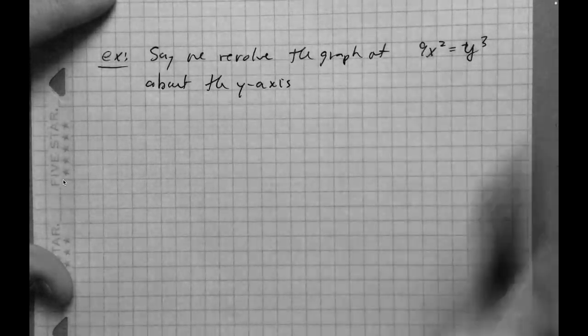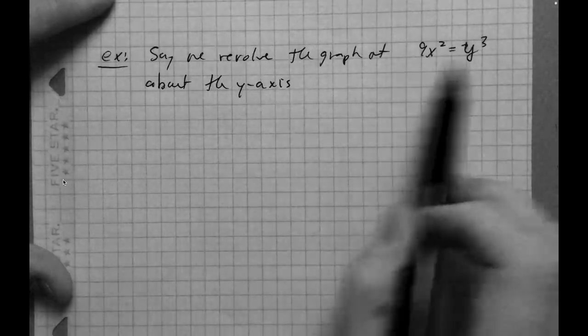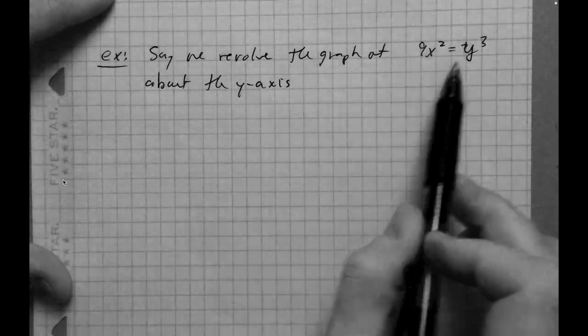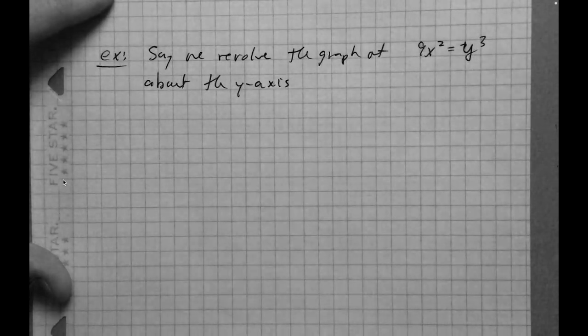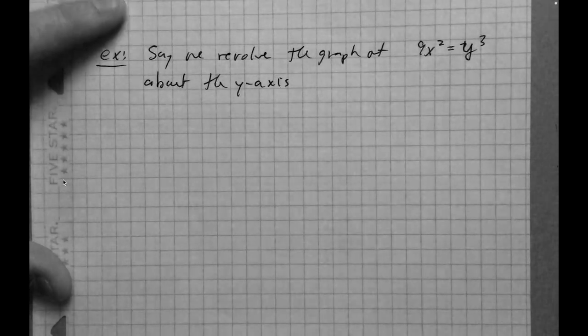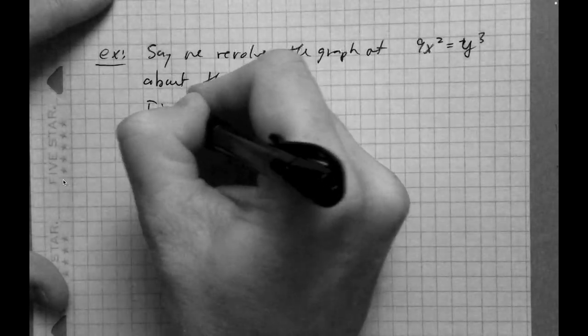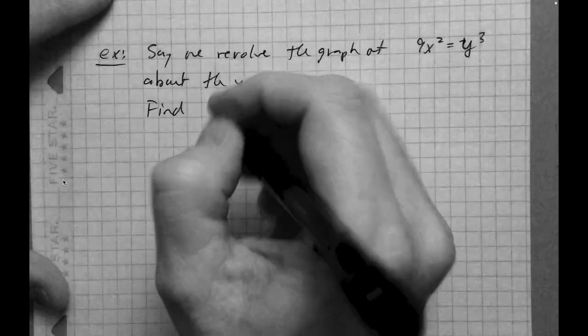So this is some graph here in the xy plane, and whatever that curve looks like, we want to revolve it around the y-axis. So we want to find the equation of the resulting surface.